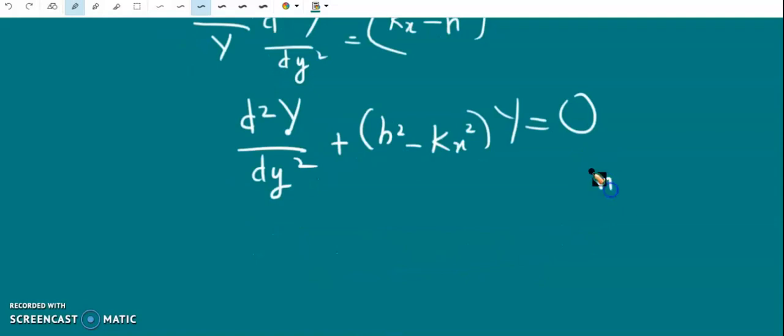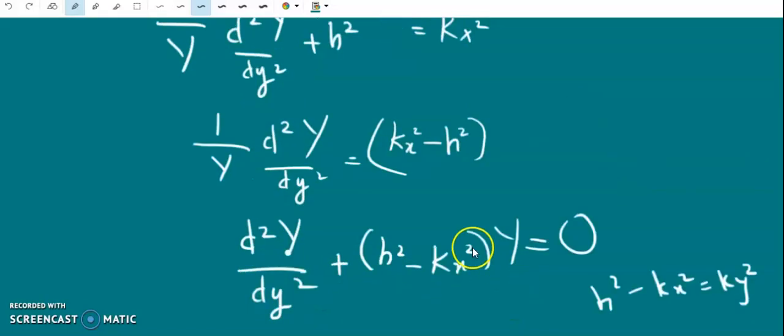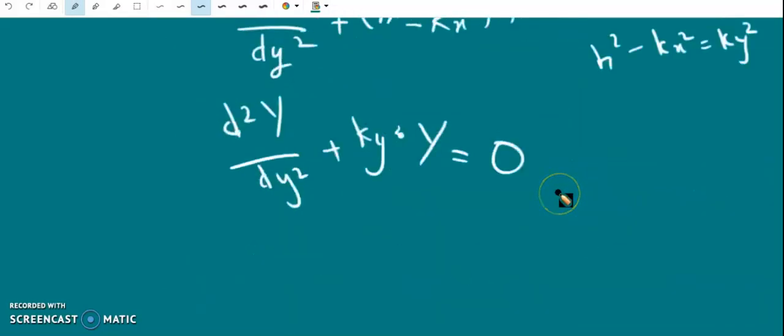Now we call this h² minus kx² as ky², and therefore this equation becomes d²Y by dy² plus ky² Y equal to 0. Let me call this equation Roman numeral 1, and this one equation Roman numeral 2.